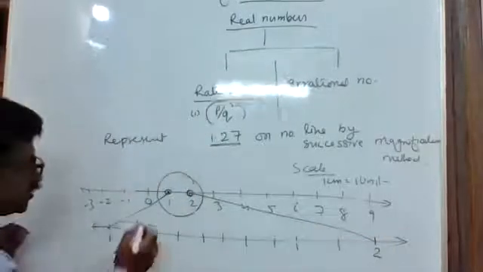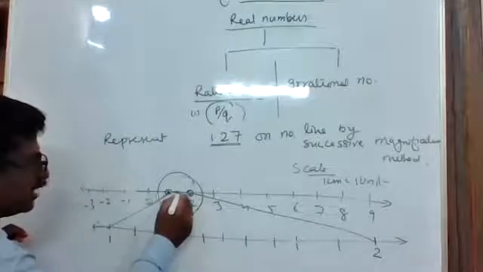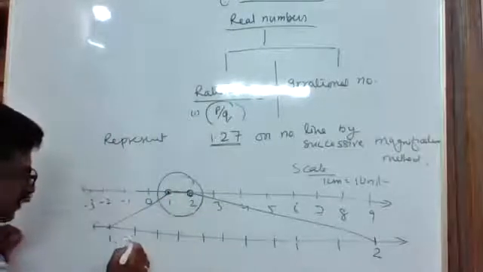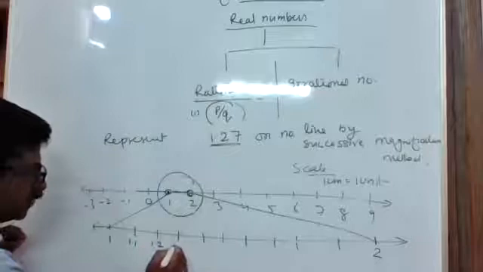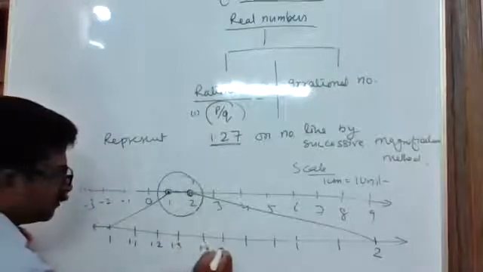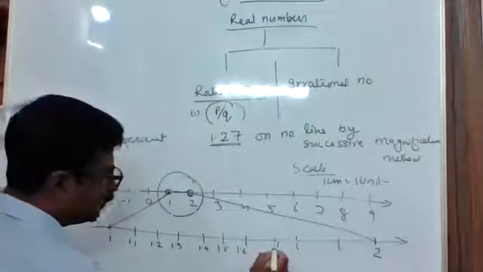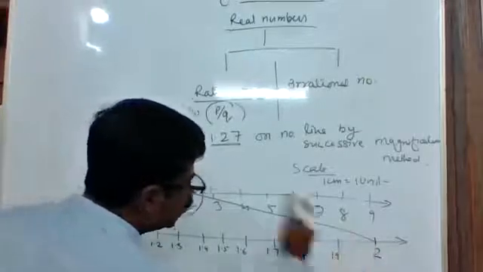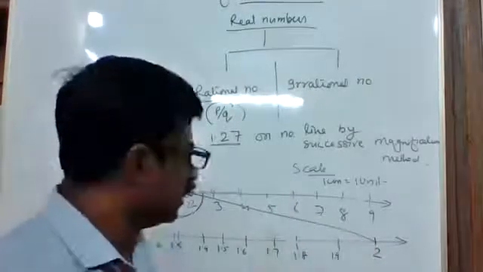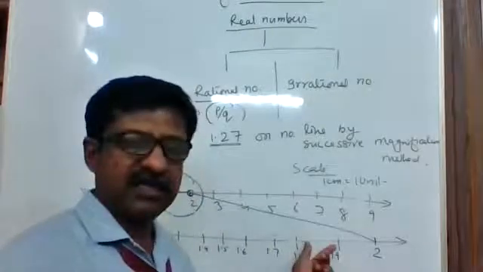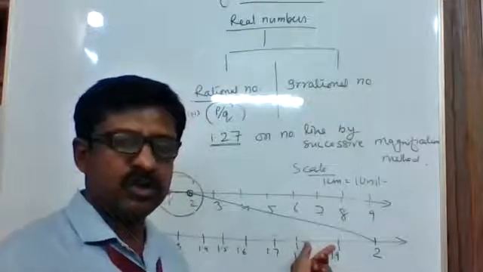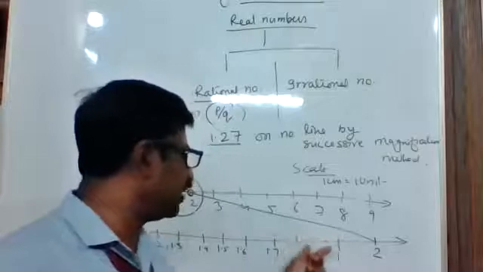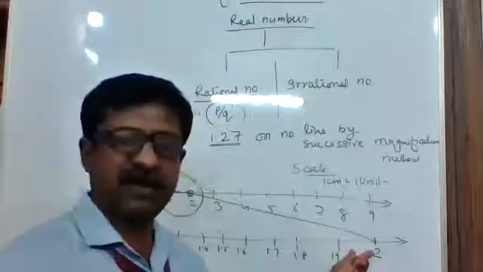And in between you got the numbers here, there are so many lines. This is 1.1, 1.2, 1.3, 1.4, 1.5, 1.6, 1.7, 1.8, and this is 1.9, and the last is 2. Once again, I am reminding, the space should not be too long or too big. Everywhere you should have the same length.